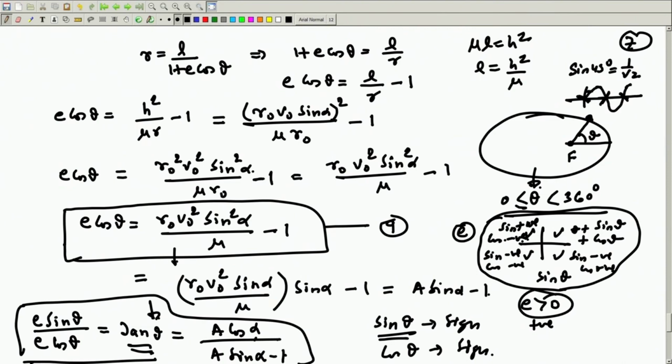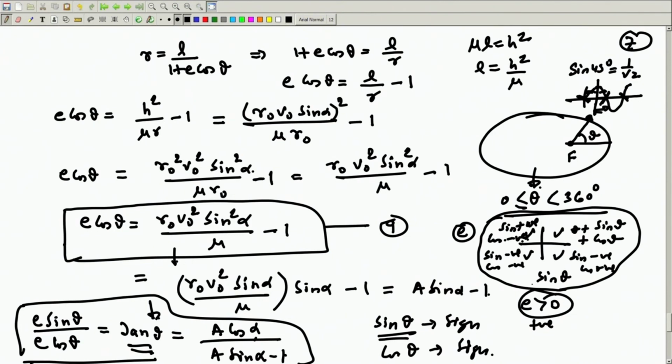So, 1 by root 2, 1 by root 2, suppose it lies here. Again it will lie here, between 90 and 180. Okay. Again, on this side it becomes negative. So, there is a repetition, and we have to resolve that. But here, if you look at the cos between 90 and 180, in this range the cos becomes negative. So, this way you will be able to resolve. We will discuss this further once we take the vector notation, how to resolve the sign.